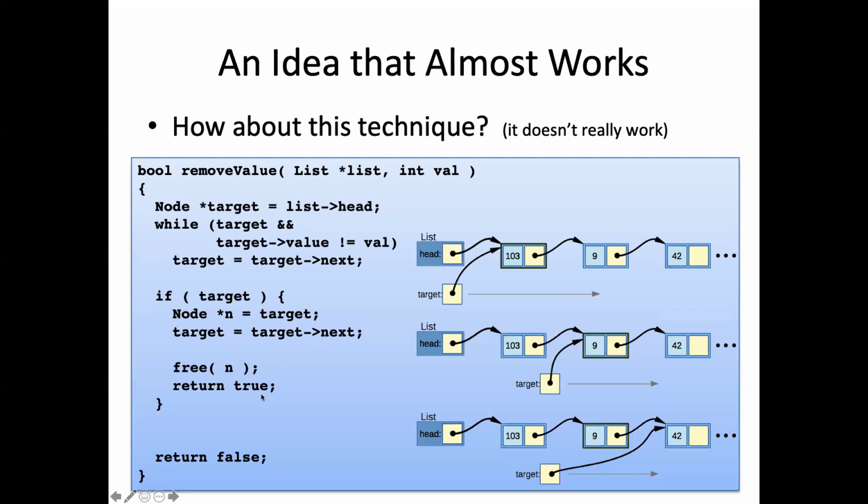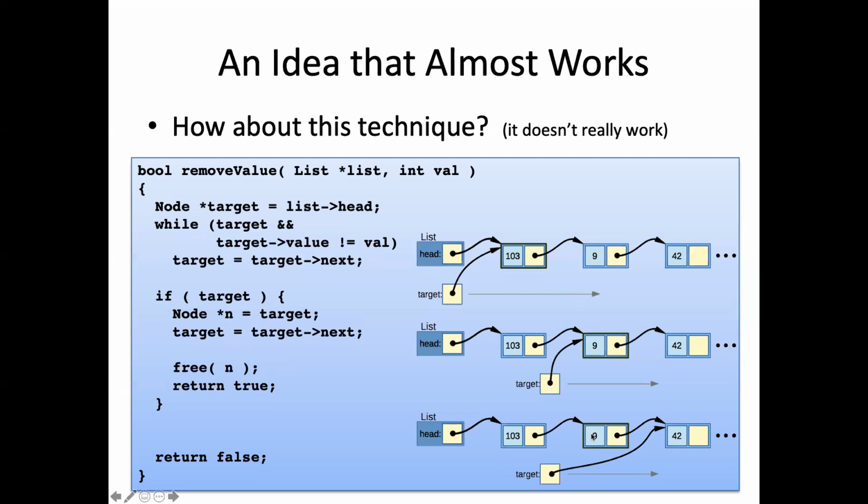And like my picture shows, this doesn't actually work because this line right here, when I'm trying to remove the node from the list, I'm making target point to the node after the one I want to remove, but that doesn't really change the structure of the list. Target is just a variable I'm using to iterate over the list.